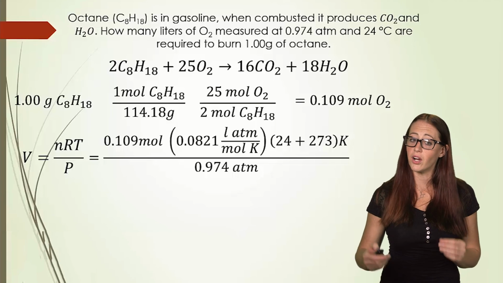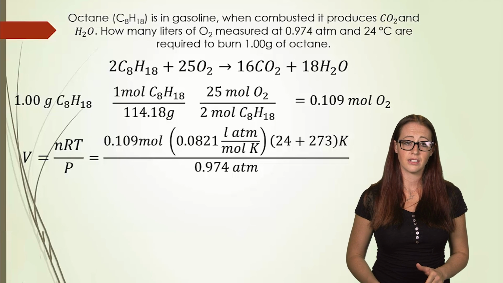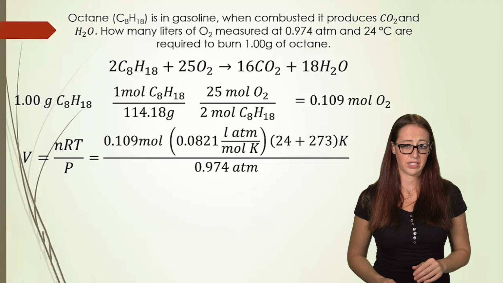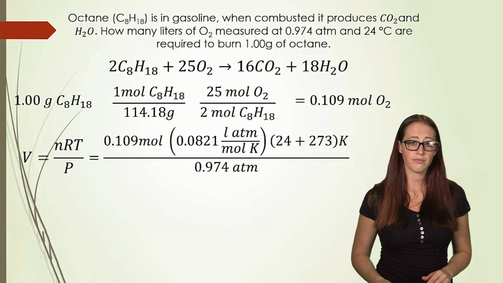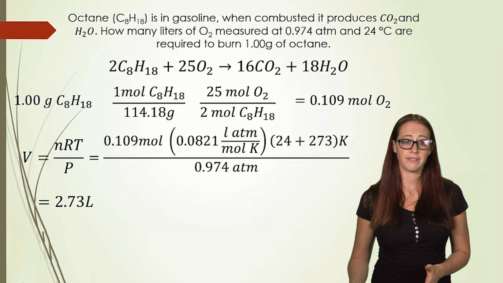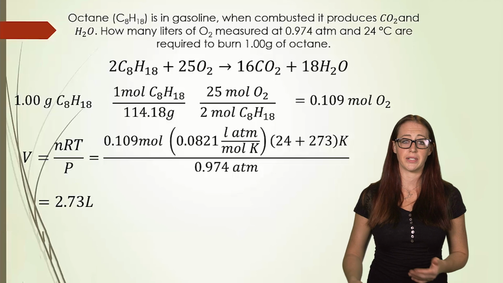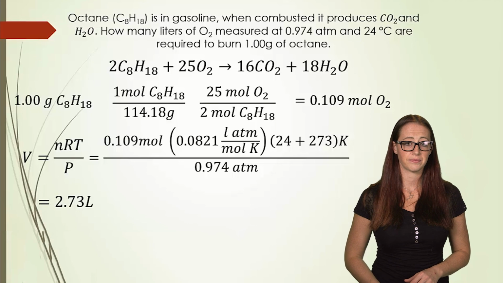Notice in this case we are using the R, and so we would have to use liters and atmospheres if it wasn't given to us in those. Once we fill in all of our values, we get our final amount of liters. And so this is how much oxygen would be required if we wanted to burn 100 grams of octane completely.